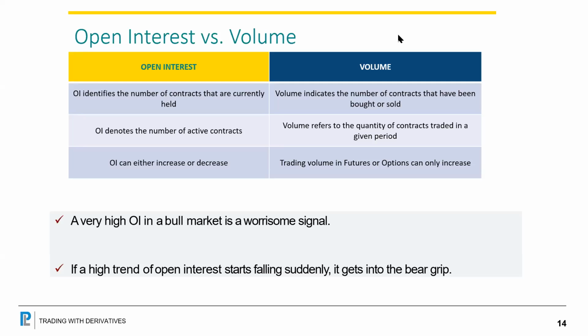तो डिफरेंस क्या है OI और वॉल्यूम में? OI नंबर ऑफ करेंटली एक्टिव कॉन्ट्रैक्ट्स का नंबर देता है, वॉल्यूम indicates the entire total of contracts. मतलब OI में one buyer and one seller make one open interest, but वहां पे वॉल्यूम क्या हो जाएगा, एक बायर भी है एक सेलर भी है, तो हम लोग को वॉल्यूम दो मिलता है. तो वॉल्यूम is always on the higher side, it can never reduce, क्योंकि जो भी कॉन्ट्रैक्ट चाहे बाइंग हो या सेलिंग हो ऐड होते रहेंगे, वो वॉल्यूम में नंबर बढ़ते रहेगा. लेकिन ओपन इंटरेस्ट को काउंट करने के लिए you always have to have one buyer और एक seller. One buyer and one seller make one open interest.